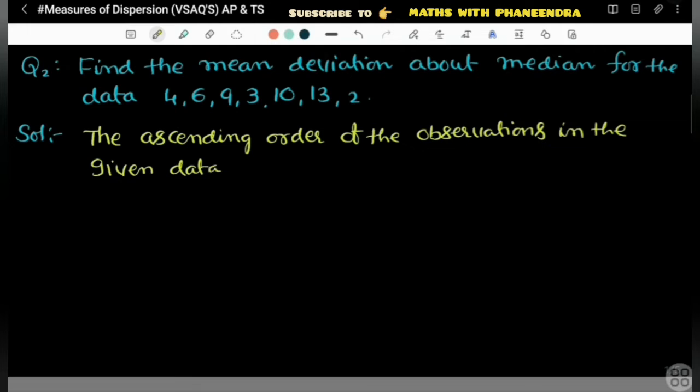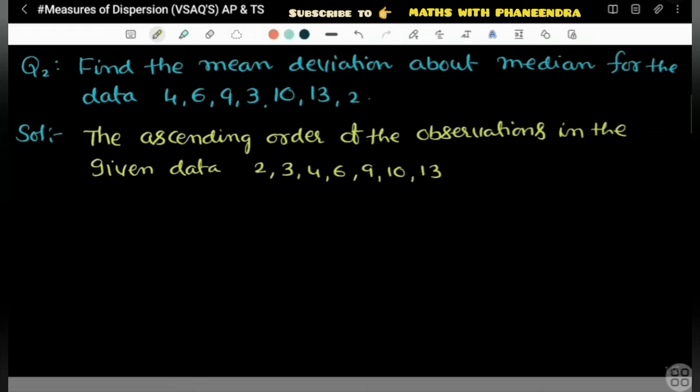Ascending order means small to big. So 2, after that 3, after that 4, after that 6, after that 9, after that 10, after that 13. So we arranged it in that way.